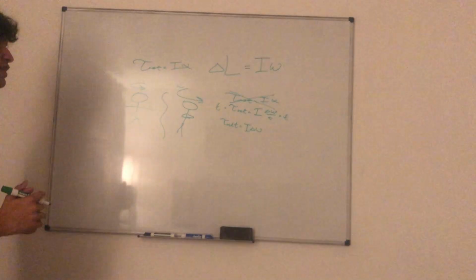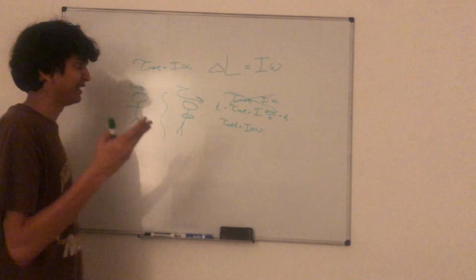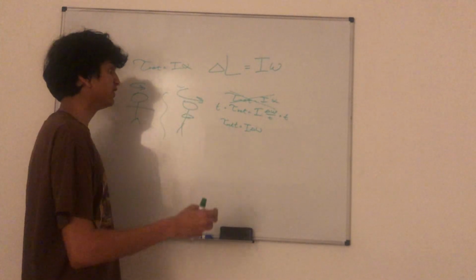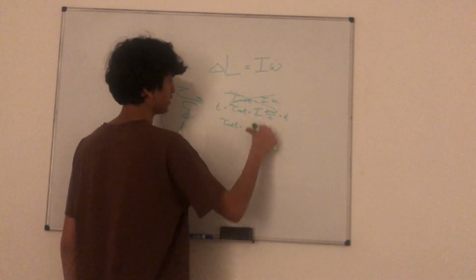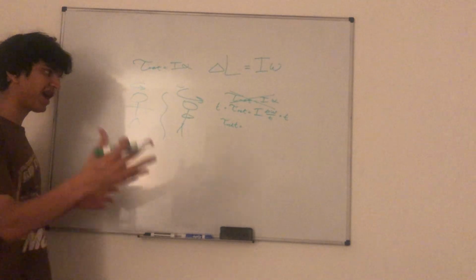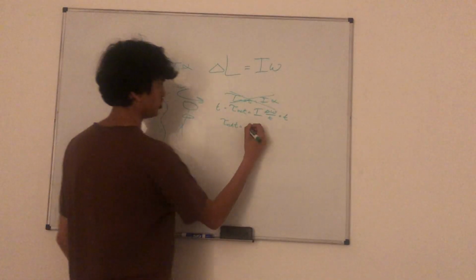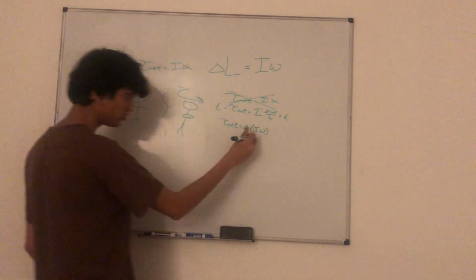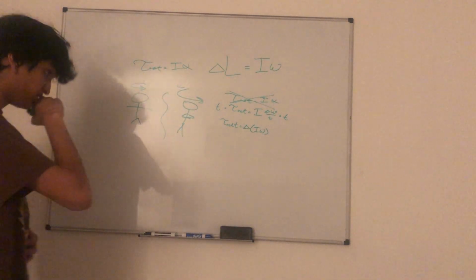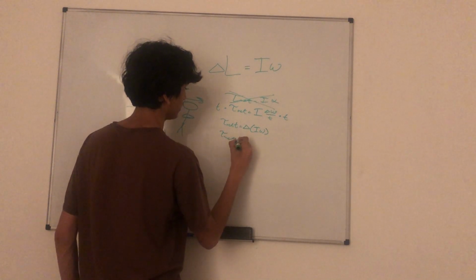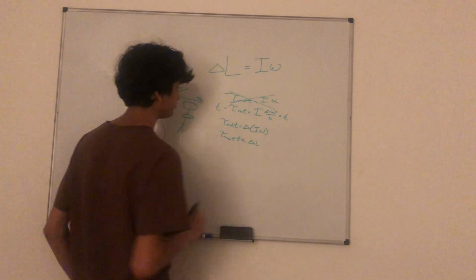But in this kind of case, it doesn't equate. Torque net times time will lead to a change in angular momentum, but instead of I times change in omega, your I can change. So really, it's change in I omega. This is the same thing as torque net times time equals your change in L.